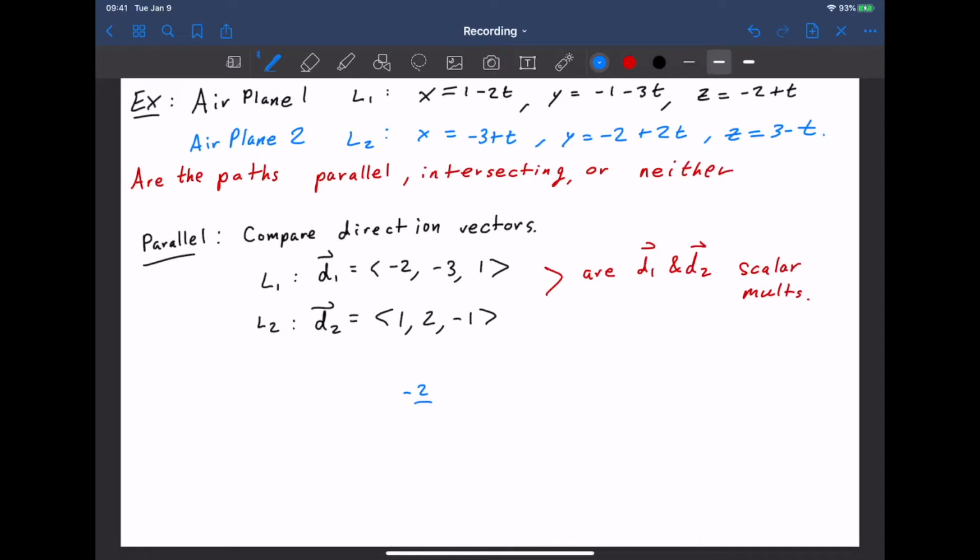So I have -2 over 1 versus -3 over 2. No. They're not the same multiple. This would be -2. This would be -1.5. So they're not scalar multiples.